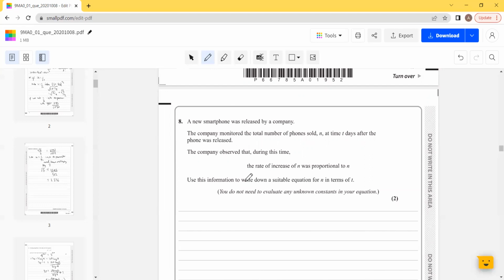Well, now I think what they mean is it's proportional to t, because being proportional to itself doesn't make much sense. So I'm going to guess it means t. So I'm going to say that n is equal to f of t, because it's a function.